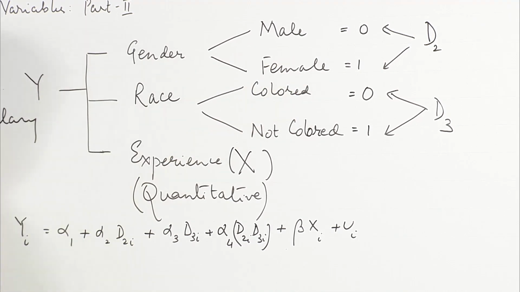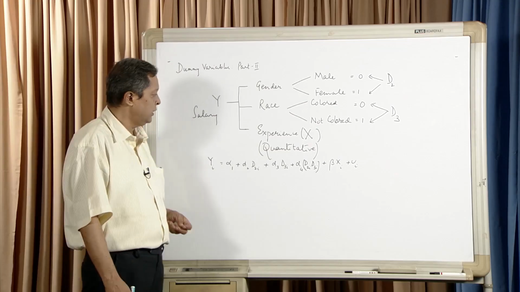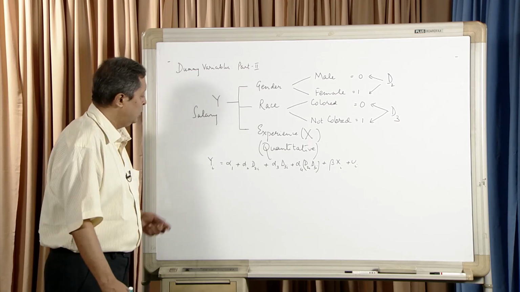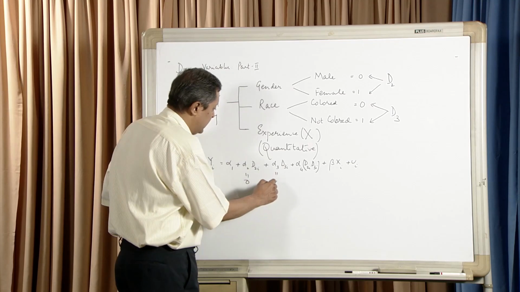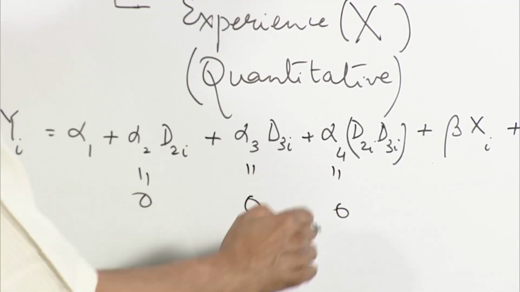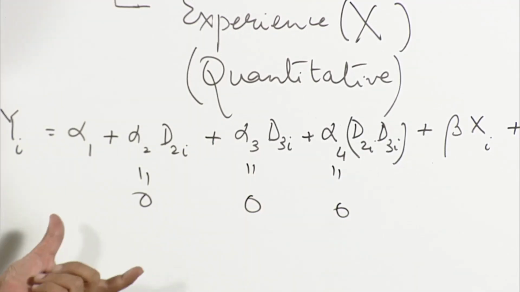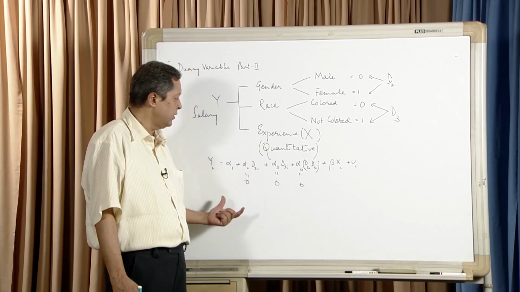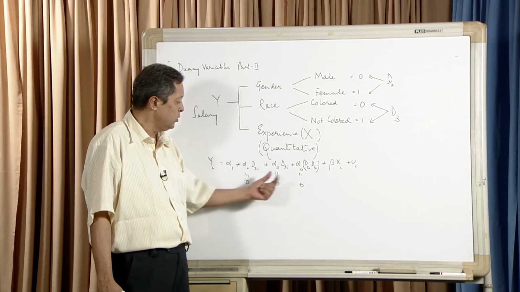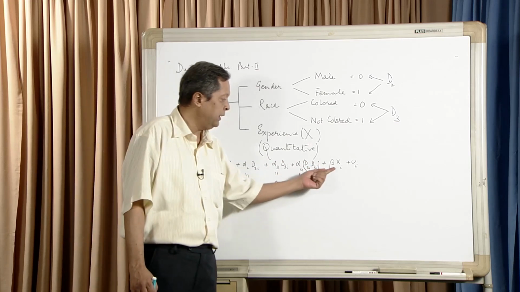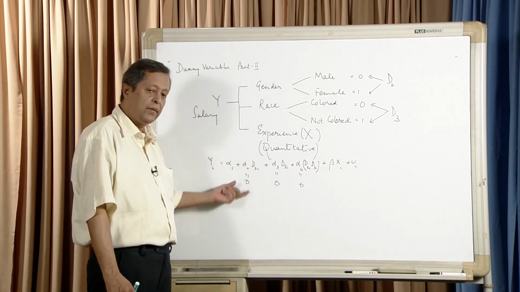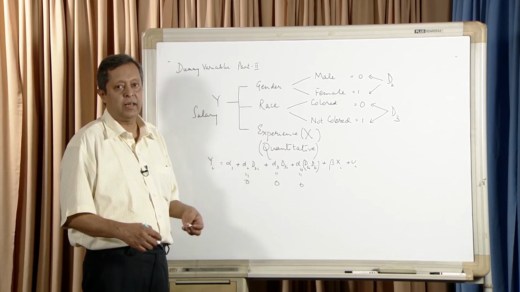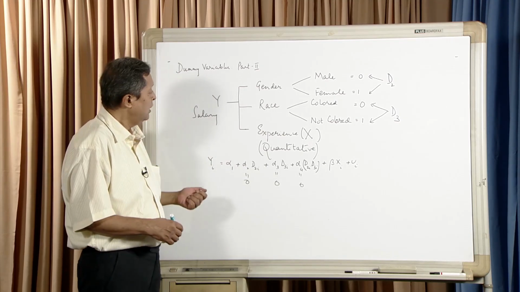So, this is another particular use of the dummy variable model, and we can test whether alpha 2 is equal to 0, alpha 3 is equal to 0, alpha 4 is equal to 0. That testing would be through restricted and unrestricted models. If you put these 3 equal to 0, it will just be alpha 1 plus beta x, and if you put them not equal to 0, then you would get the unrestricted model, and you can use the F test as we have already done.